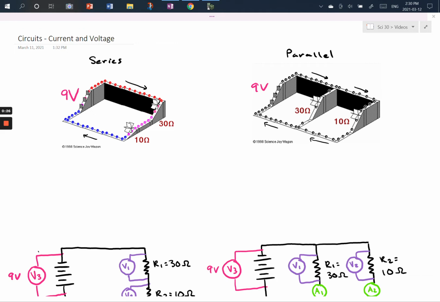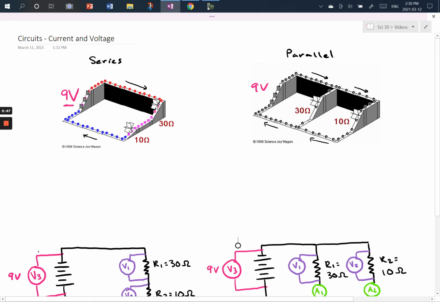So what we can see here is these are two models of circuits, and what they're doing is they're making an analogy between electrical potential and gravitational potential. So in these models, on the left where I put 9 volts, this is essentially a battery.